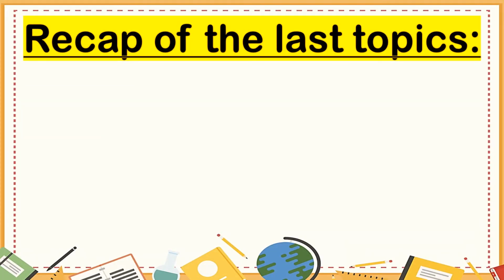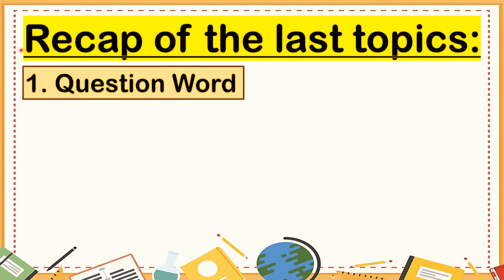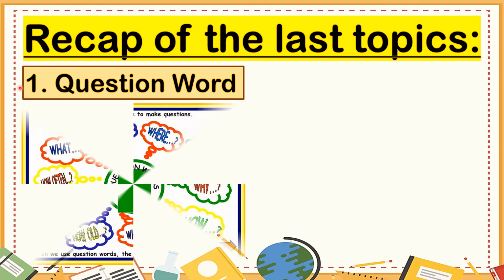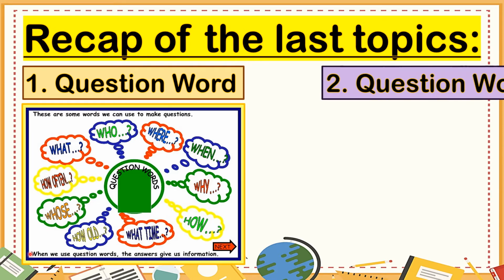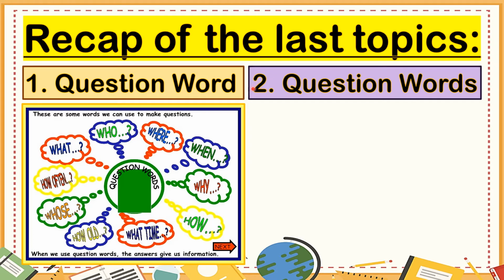Class, before we proceed with our review for midterm assessment, these were the topics that we have discussed last week. Question words. These are some words we can use to make questions. When we use question words, the answers give us information. Next, we have discussed some examples of question words.